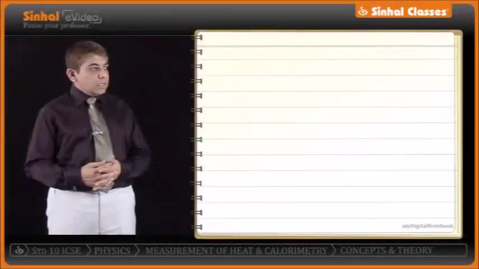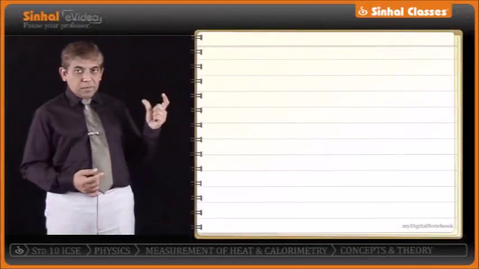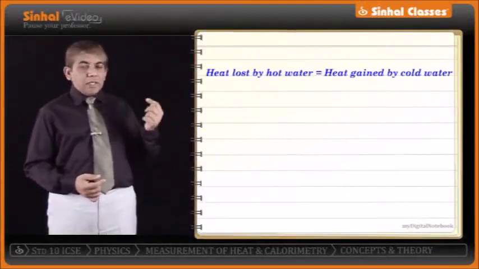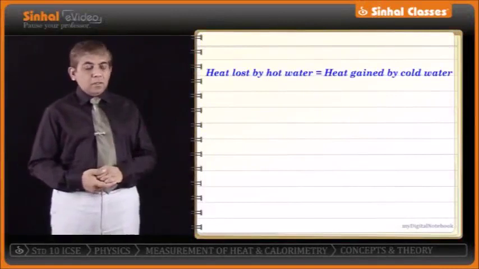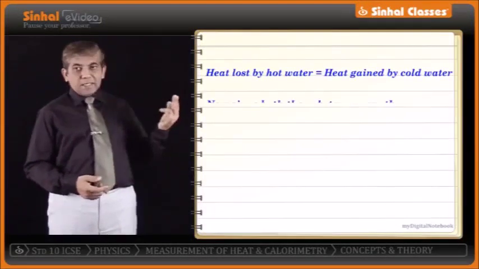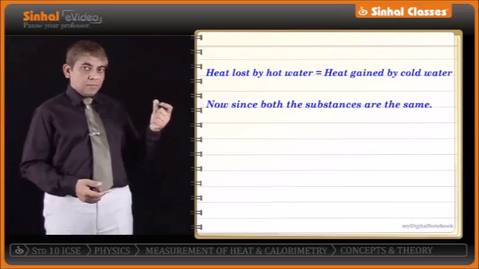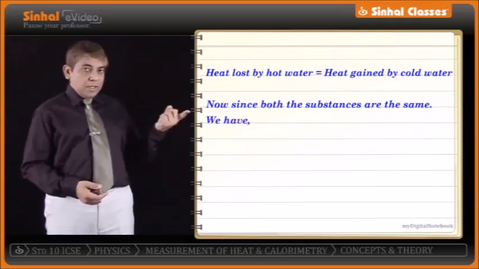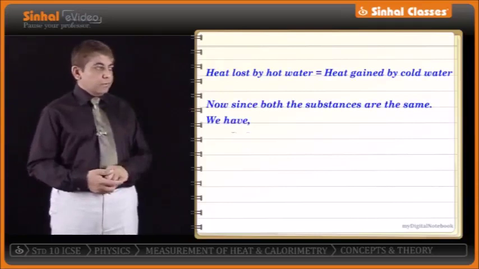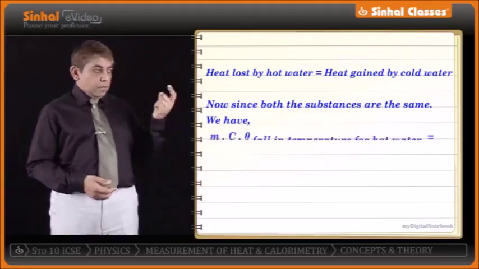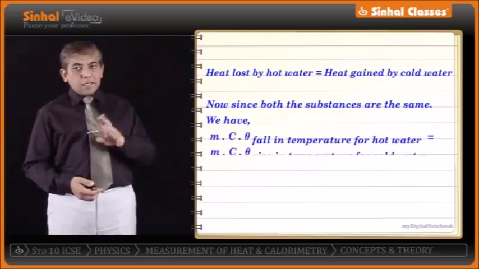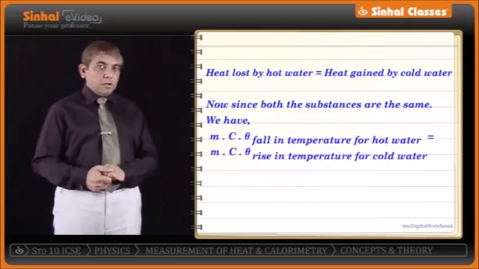So in this case we can say, by the principle of calorimetry, heat lost by hot water is equal to heat gained by cold water. Now since both the substances are the same, we have mass into specific heat capacity into fall in temperature for hot water is equal to mass into specific heat capacity into rise in temperature for the cold water.